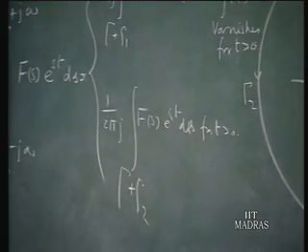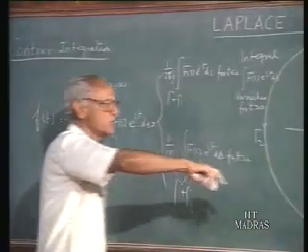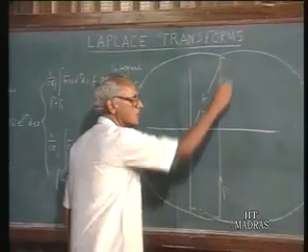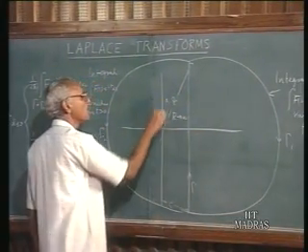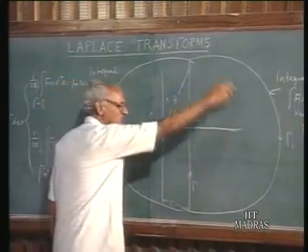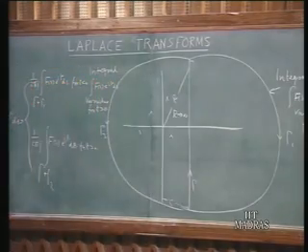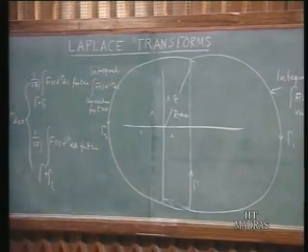As far as this contour integration is concerned, there are no poles inside because all the poles will be here. Therefore, since this closed contour does not include any poles, this turns out to be 0.